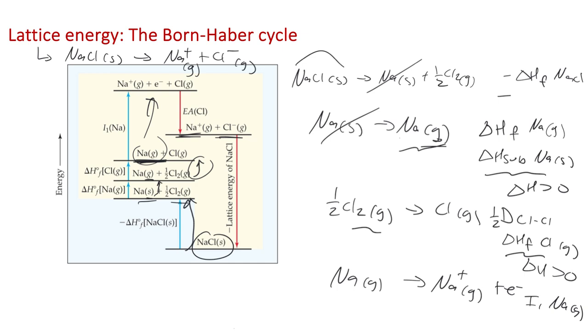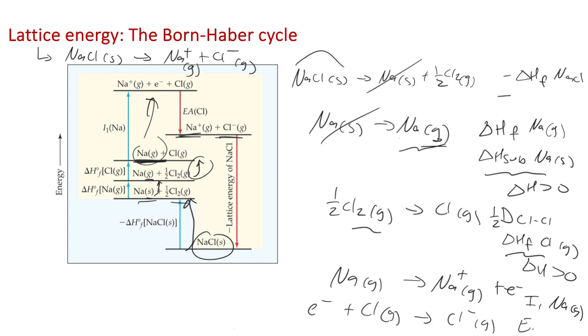It's not because those two events in and of themselves are energy beneficial. It's because once you make the ions, once you make Na plus and Cl minus, they then have that attractive force between each other. So when we take the electron off of sodium and then we add that electron onto the chlorine atom, we go downhill in energy to form Cl minus.